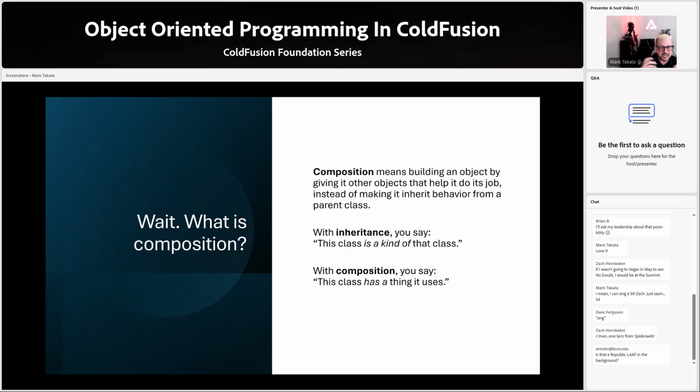You might have an object that writes to the database. You might have an object that trims things. You might have a bunch of different things that come together and then output a single thing out the other end. Now, hopefully you understand the difference there between composition and inheritance.